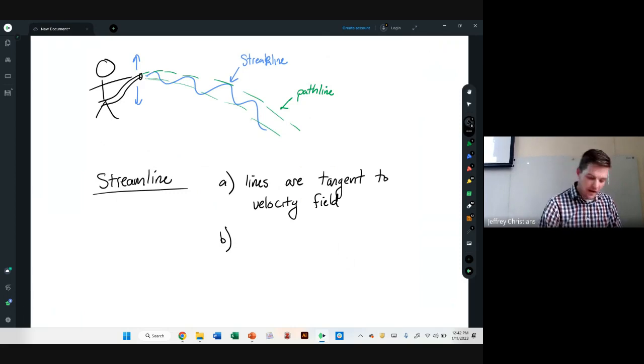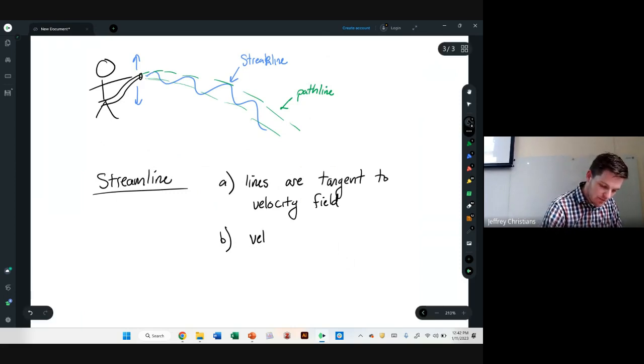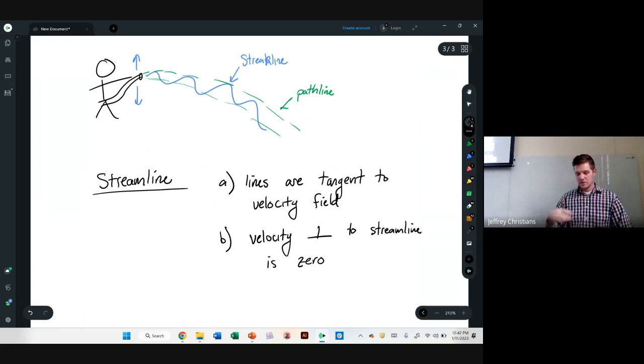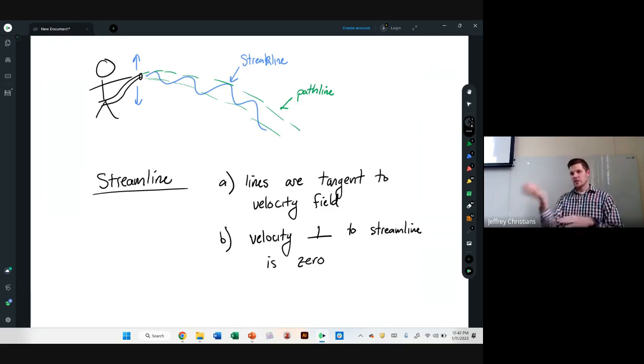Another way of saying that is the velocity perpendicular to the streamline is 0. It's exactly equal to 0 perpendicular because it's tangent. That's saying the same thing.